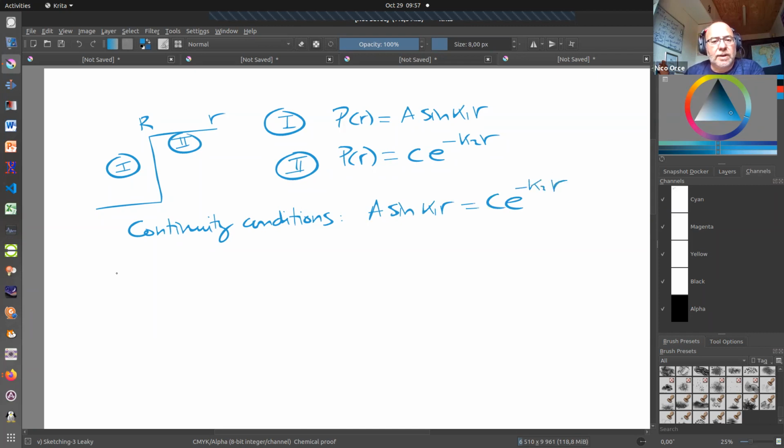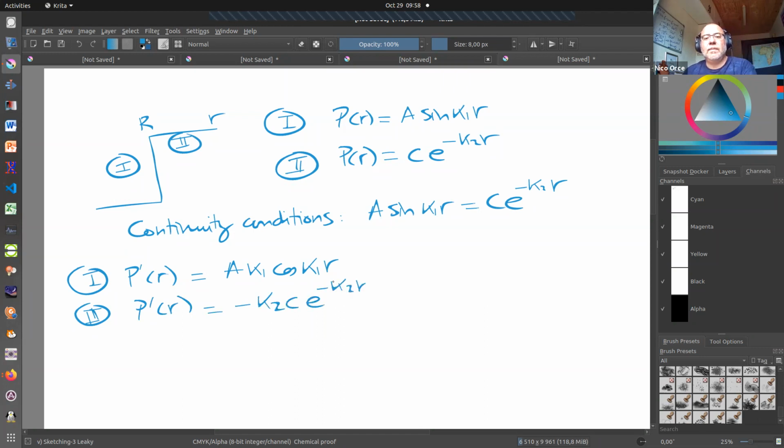And now we go to the first derivative, and psi prime of r is equal to A K1 cosine of K1R for 1 here, and for 2 we have that the first derivative is equal to minus K2 C e to the minus K2R, right? And according to the continuity conditions, this must also be equal.